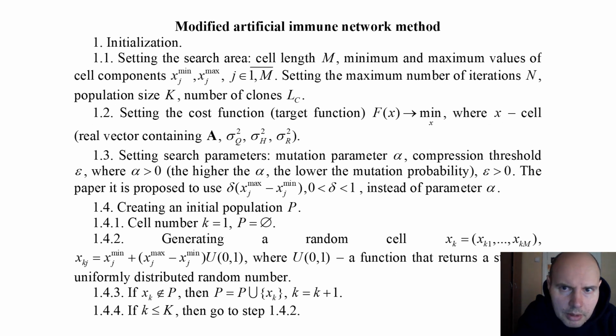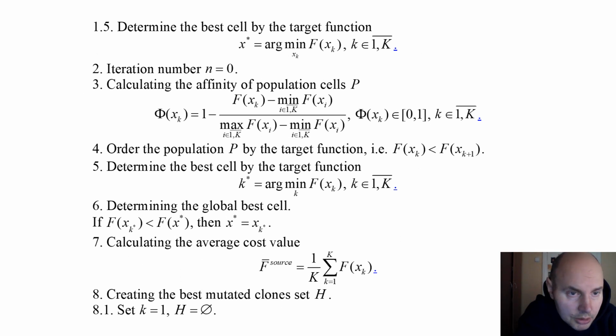Modified artificial immune network method. Initializing. Iteration number. Calculating the efficiency of population cells, order the population by the target function, determine the base cell by the target function, depending on the global best cell. If the condition is satisfied, then calculate the average cost value, creating the best mutated clone set based on cache distribution.